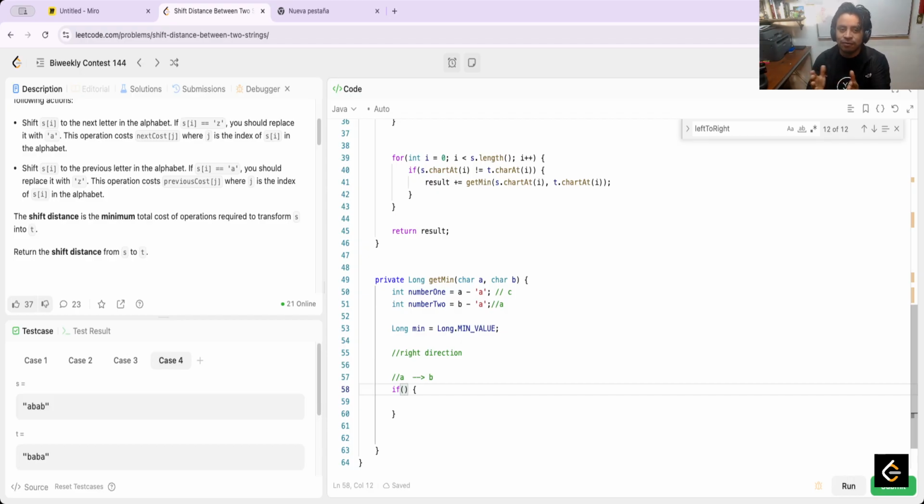Basically this is for know if I need to start, for example, in the position 25 or start in the position 0.